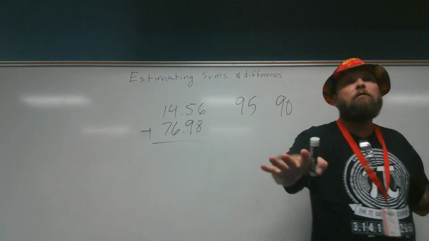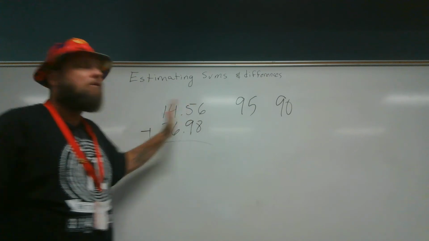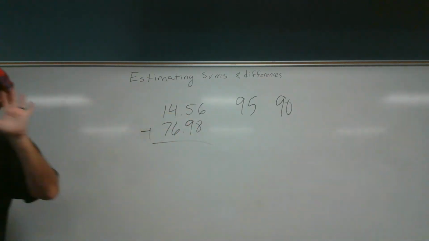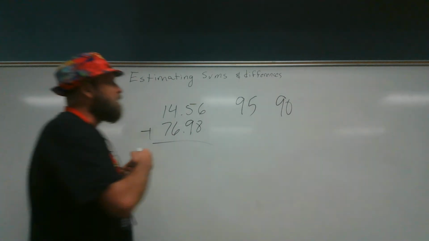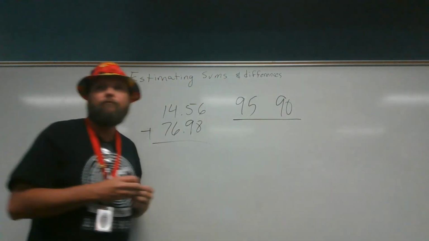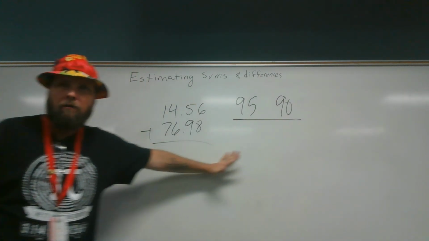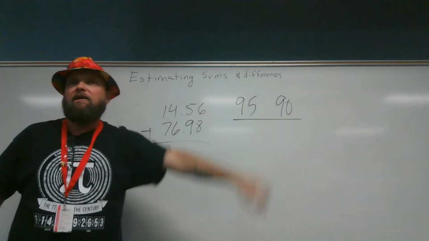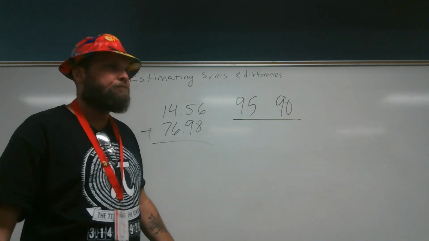For the sake of estimating just using the front end, when we do the actual solution, our actual sum needs to be somewhere around 90 to 95.